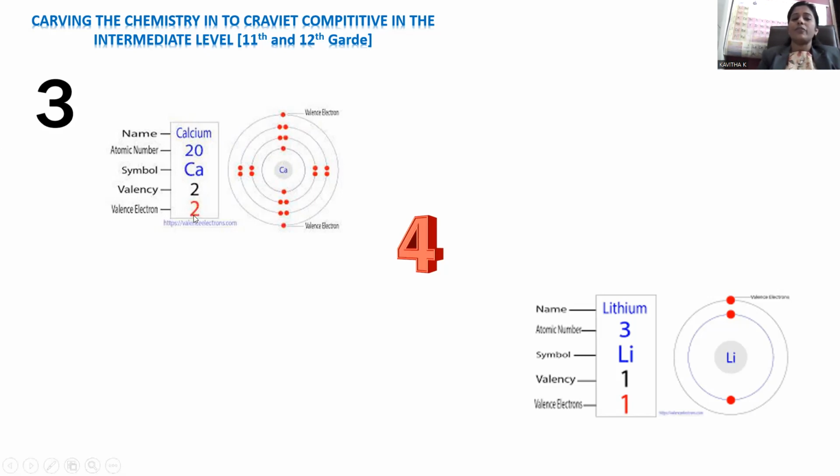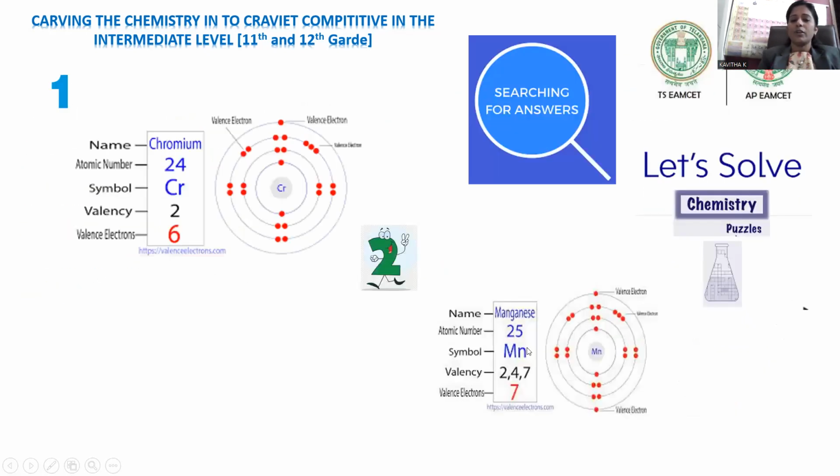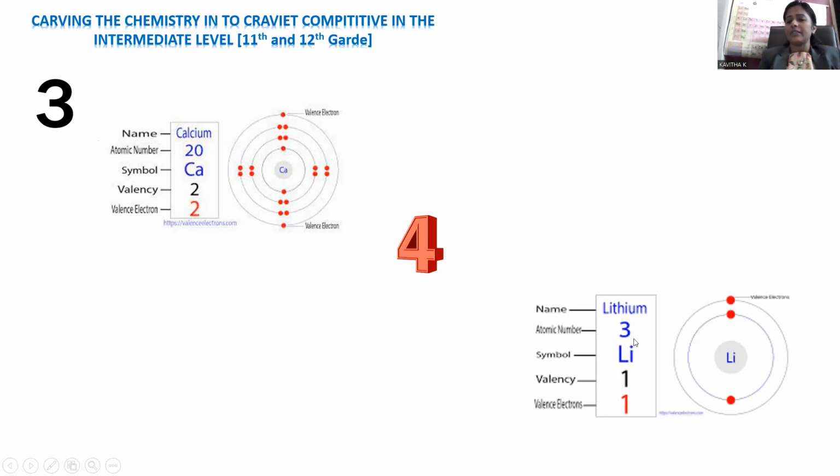Valency electrons means the number of electrons in its outer shell. If you see, here is 1 valency electron and another 1 is there, so you can find 2 valency electrons. This will be the correct answer, calcium. Move on to lithium. Lithium is the first main group element. Its atomic number is 3. Li is the symbol, its valency is to bind one atom, and valency electrons are 1 only.